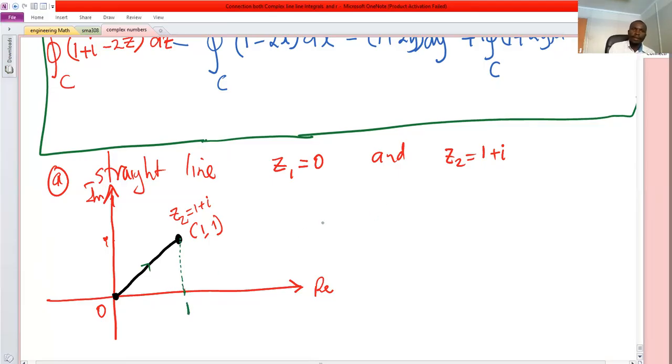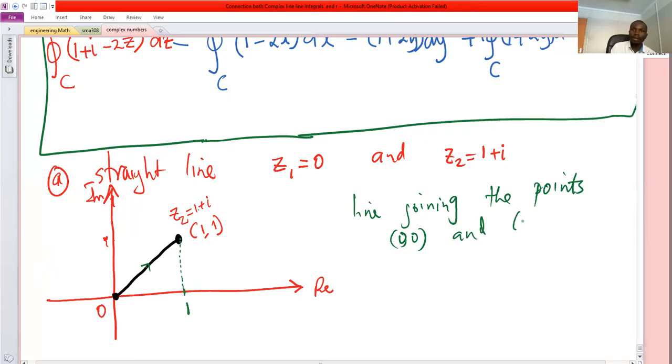If we decide to change all the values in terms of x, the equation governing this line here, remember this is usually the x and this is usually the y, the line joining the points 0, 0 and 1 plus I, the same, this point is simply 1, 1. 1, 1 is simply y equals to x.